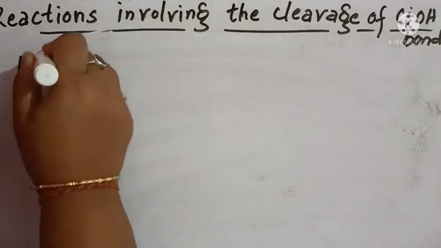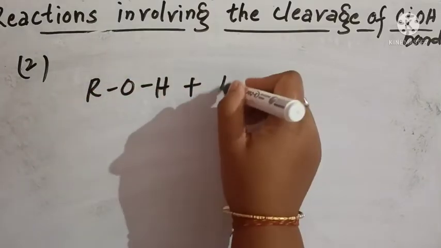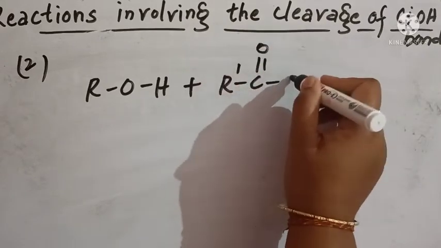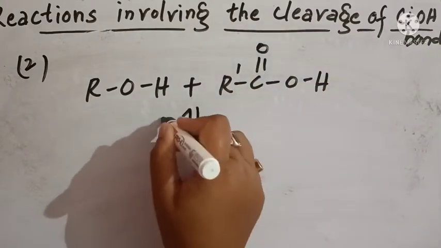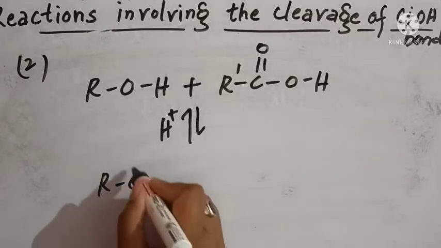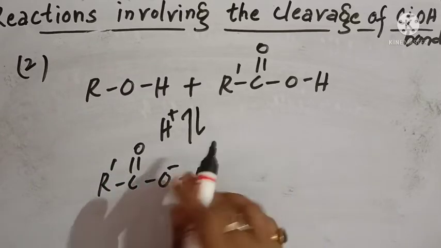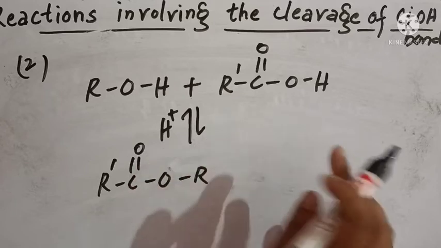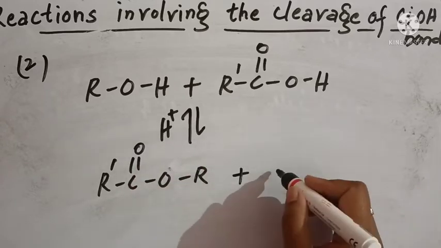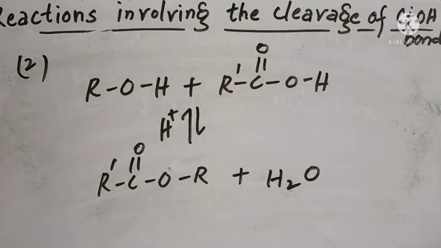So let us see that, when any alcohol is treated with the carboxylic acid in presence of an acid, or we can say in acidic medium, that will give you the corresponding ester along with water.